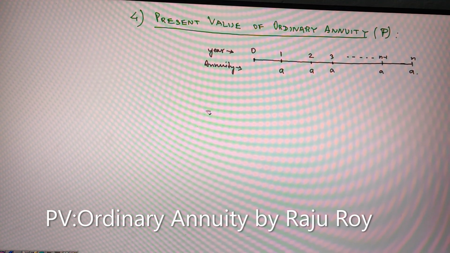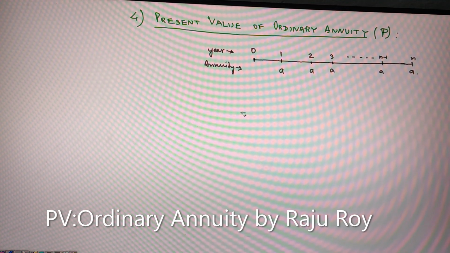Now let me take just 1 year, then you will understand it better. Suppose you are investing 100 rupees in a bank or some investment company at an interest rate of 5% per annum.